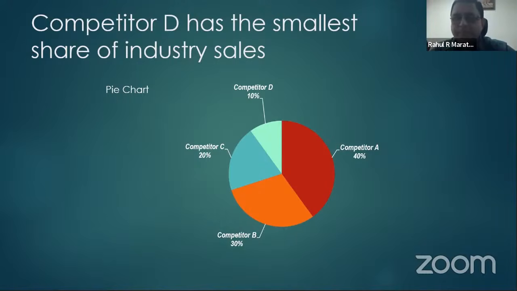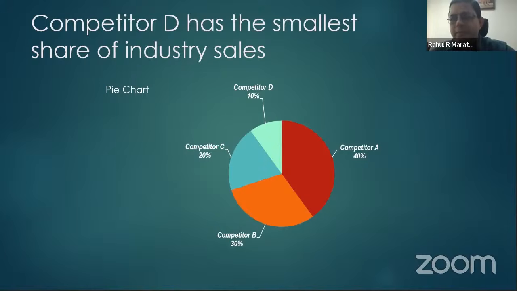But also remember this: the message here is that competitor D has the smallest share. That pie chart is okay. If I want to do a comparison between A, B, C, and D and show the relative strengths, a pie chart may not be appropriate.